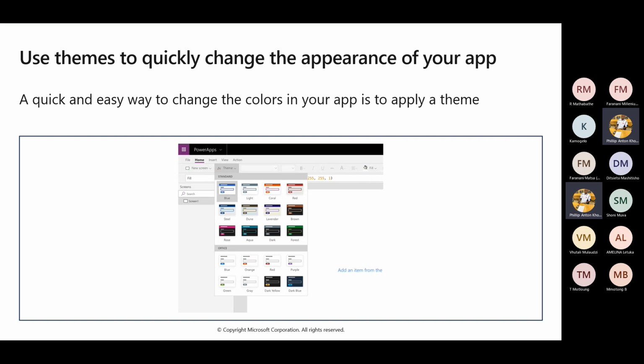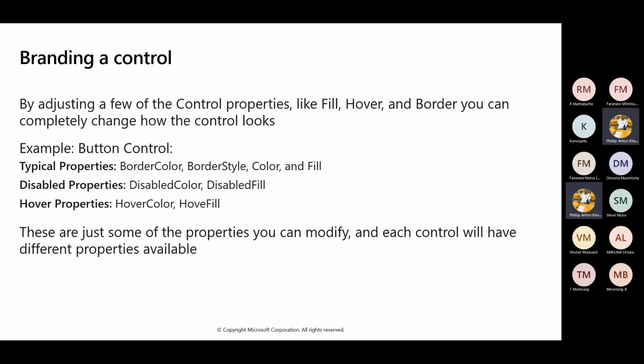If you prefer having a different look and feel, you can definitely do that manually. But the easiest and quickest way, as well as the recommended way, is to use the theme. And then we have branding control. As noted earlier, one of the built-in themes may not match your organization's desired look and feel for the app.